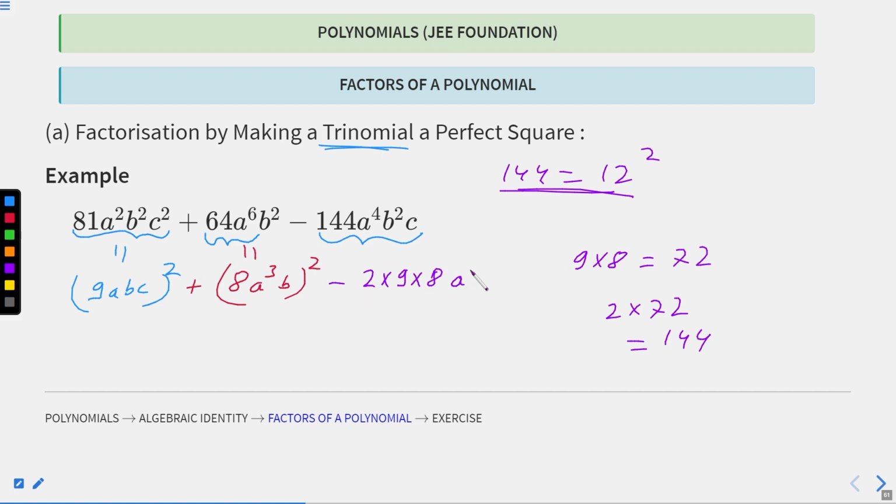And I know a power 4 can be written as a times a cube. Okay, a times a cube.